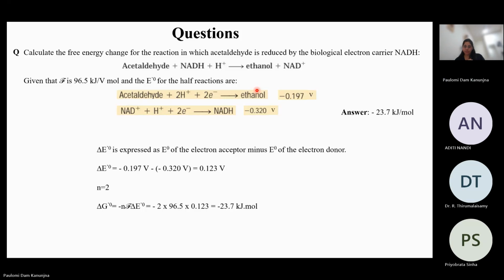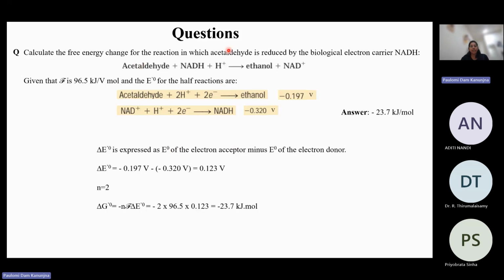Make sense? So delta E, or reduction potential difference of the reaction that you are given, is calculated by the reduction potential of the electron acceptor minus the reduction potential of the electron donor. What is the electron acceptor here?